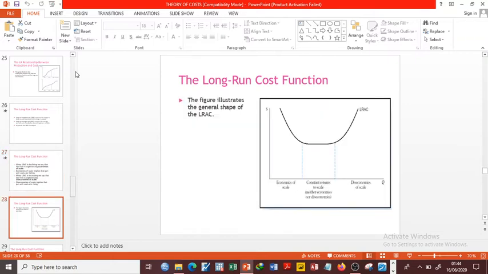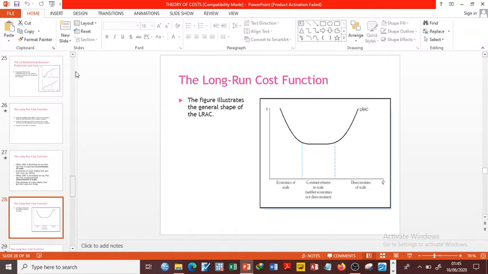So this is a long run average cost curve that basically explains the concept of returns to scale, whereby the downward sloping section of this long run cost curve shows what we call increasing returns to scale, which is also the same as economies of scale.